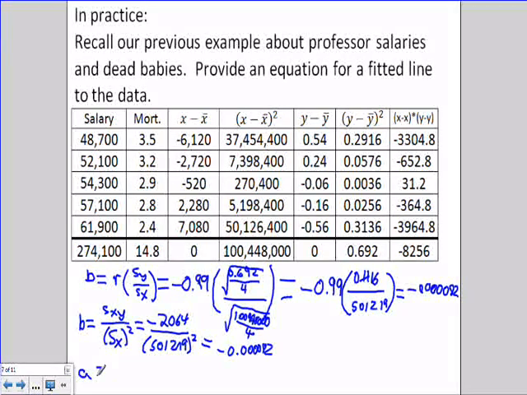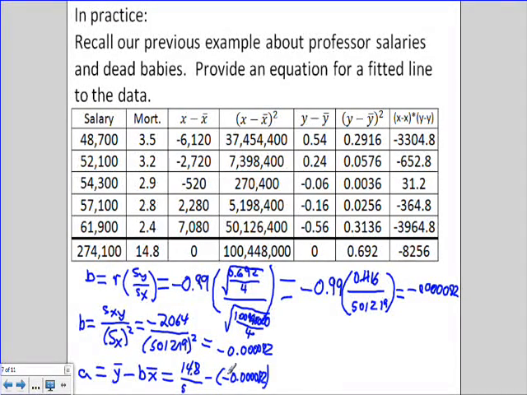Now for the intercept term a, we know that's y bar minus b times x bar, the mean of y and the mean of x respectively. So y bar is just the sum of y divided by n, so we have 14.8 divided by 5, minus negative 0.00082.